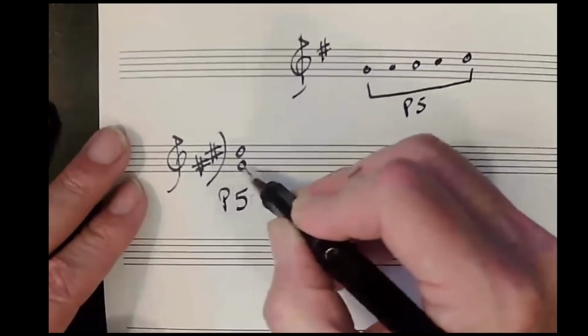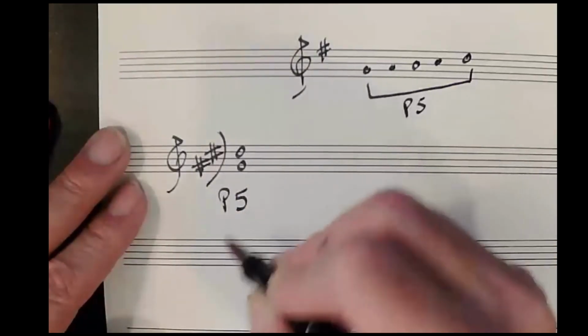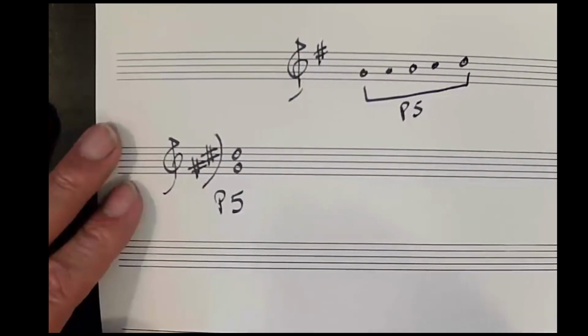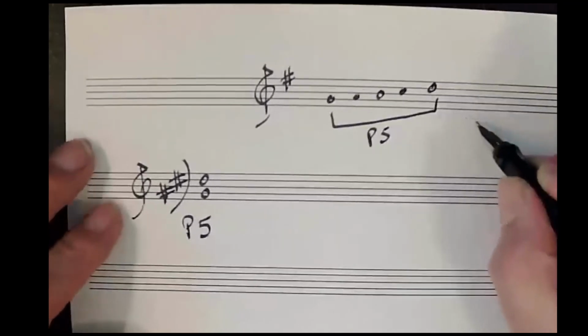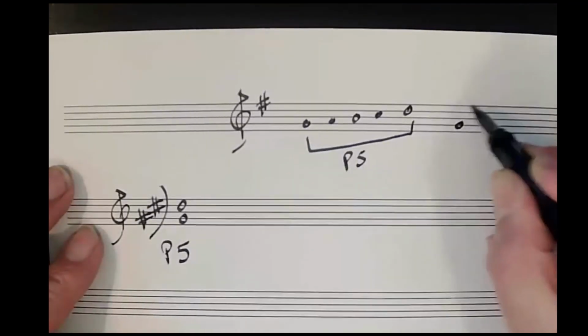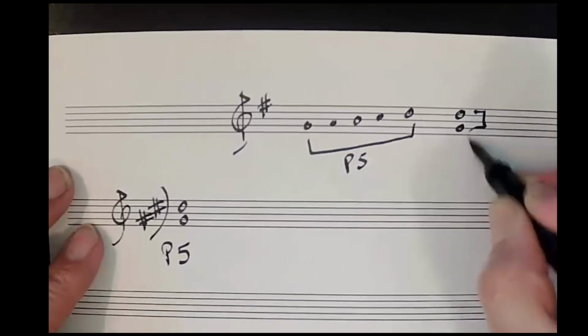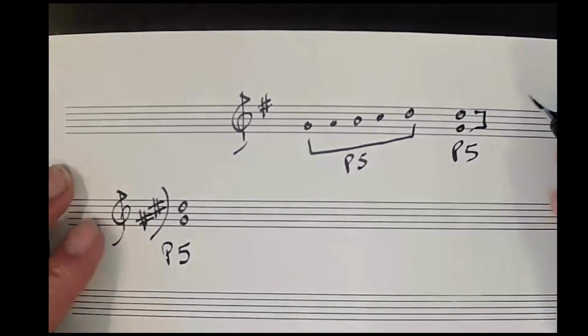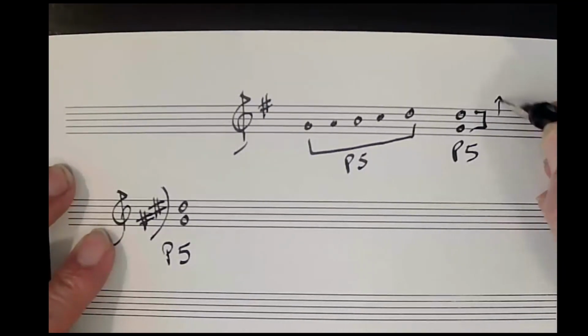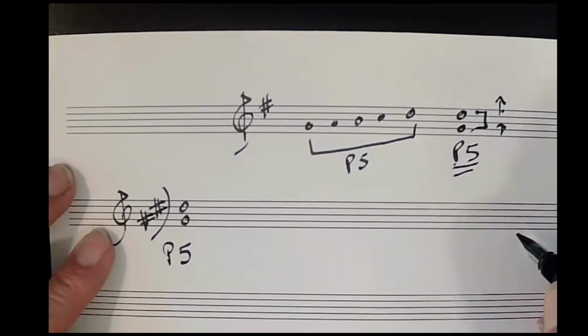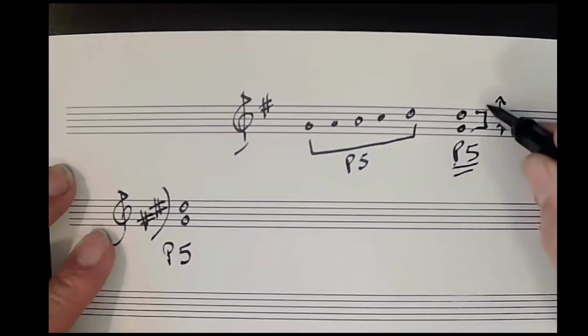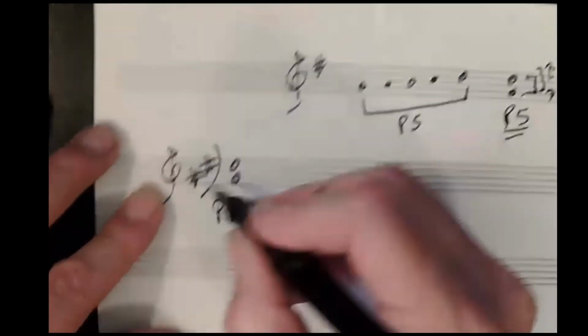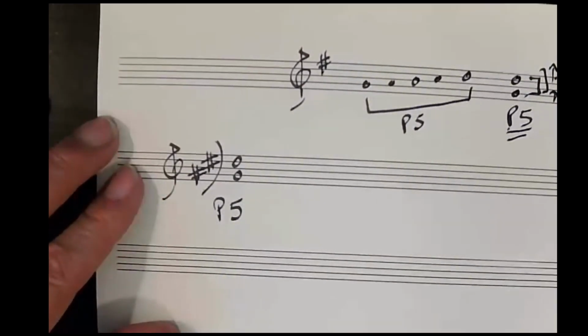So it makes sense that from a G sharp to a D sharp would also be a perfect fifth. It's the same distance. Another way to think of this is from G to D is a perfect fifth. And if we raise both the floor and the ceiling by the same amount, the interval would stay the same. The distance between them would stay the same. So this is also a perfect fifth.